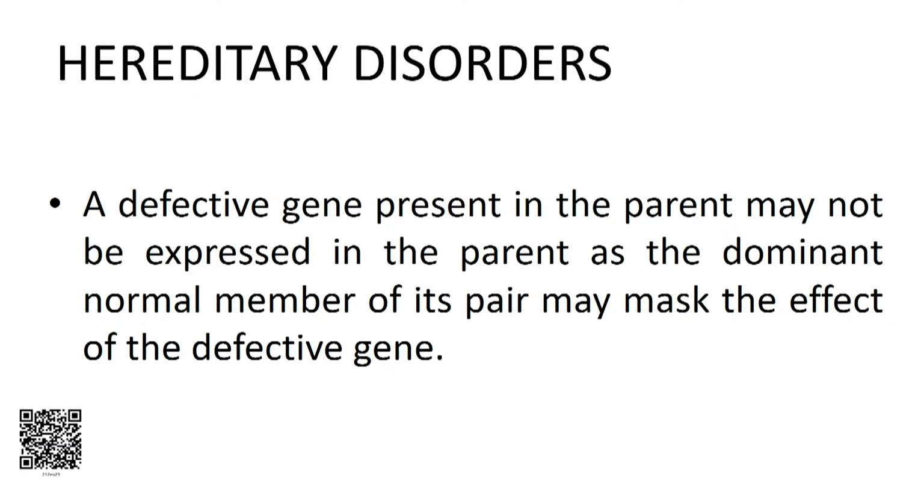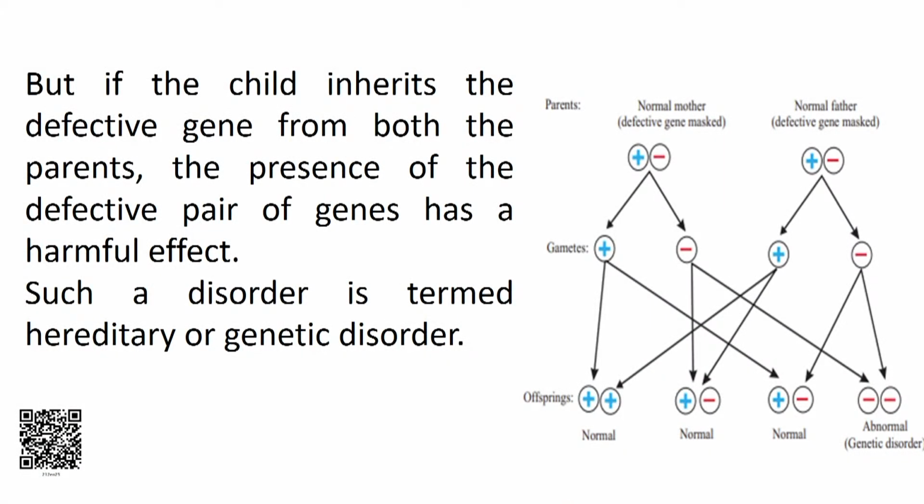Also, sometimes a defective gene present in the parents may not be expressed in the parent, as the dominant normal member of its pair may mask the effect of the defective gene. But if the child inherits the defective gene from both parents, the defective pair of genes has a harmful effect, and such a disorder is known as a hereditary or genetic disorder.